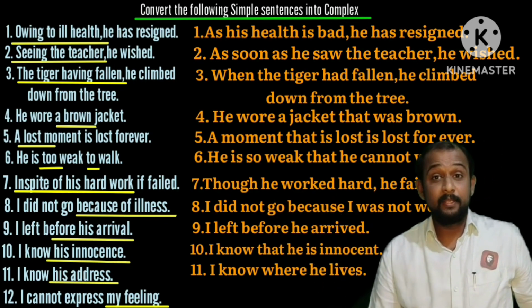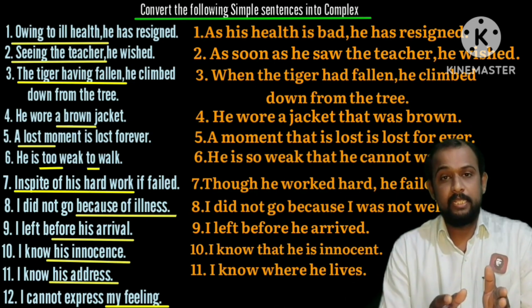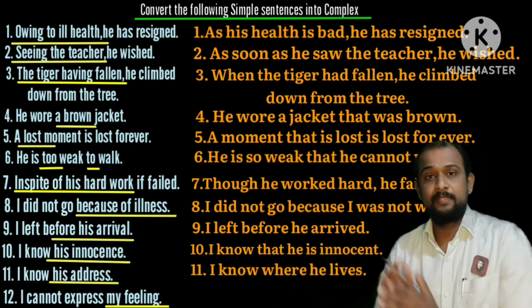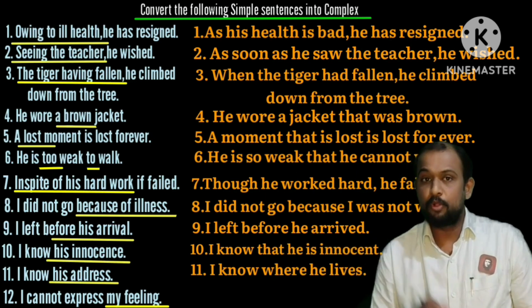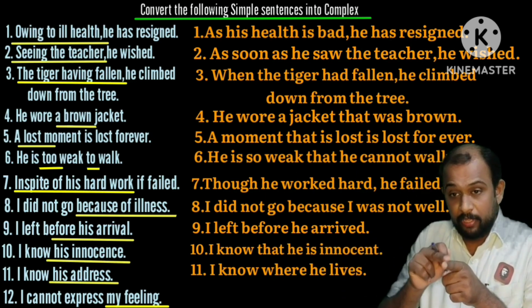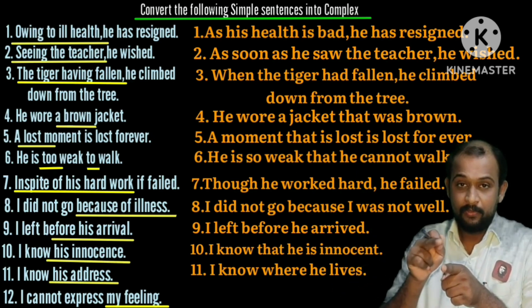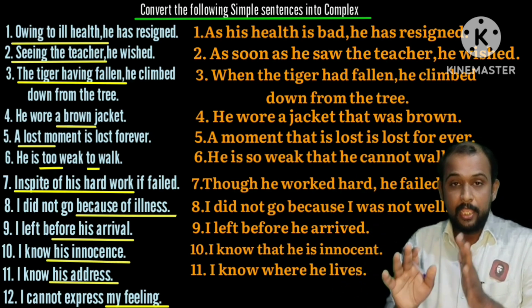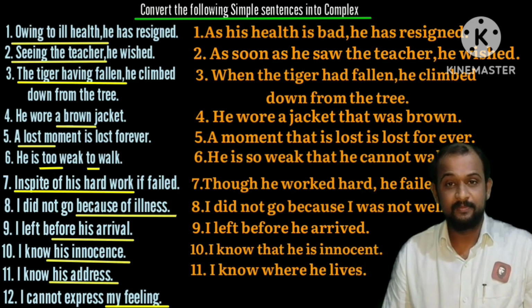I know his address becomes I know where he lives. I know is the main clause. Where he lives, you see, he lives, subject verb combination. So it is a clause. Where is a subordinator. So where he lives is a subclause. I know is the main clause. So this is a complex sentence.